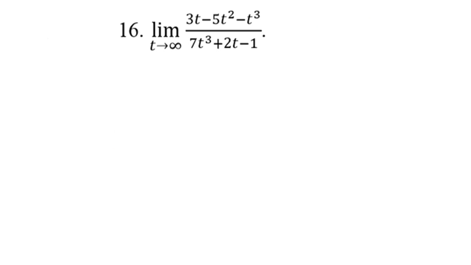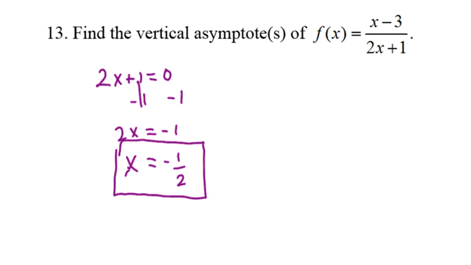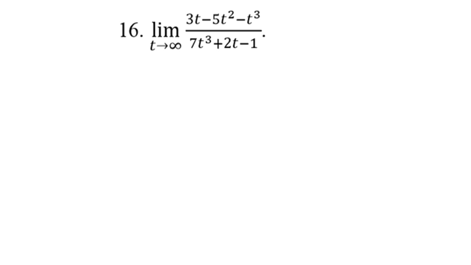Okay, we skipped here 14, let's see, yeah, 14, 15. Okay, the limit as t approaches infinity of 3t minus 5t squared minus t cubed over 7t cubed plus 2t minus 1.